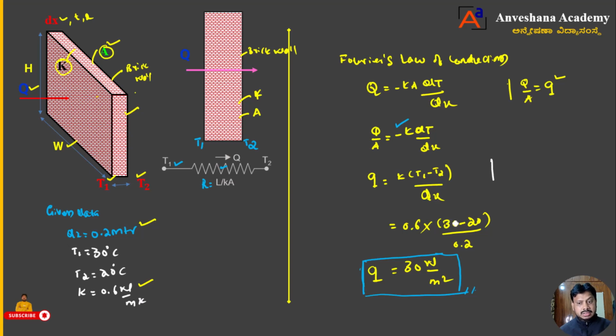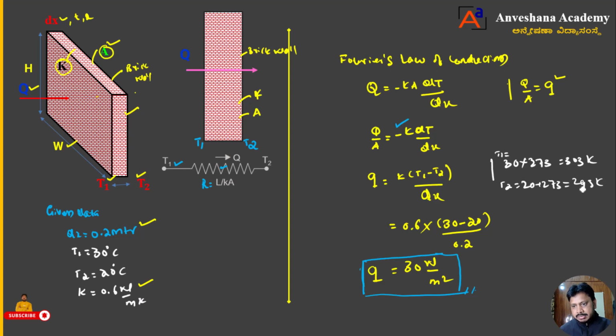You are going to get 303 minus 293, and you get the same value. For that purpose I put the answer in terms of degrees Celsius. So you can convert into Kelvin: 30 plus 273, that is T1. How much are you going to get? That is 303 Kelvin. Then T2 is equal to 20 plus 273, you get 293 Kelvin.